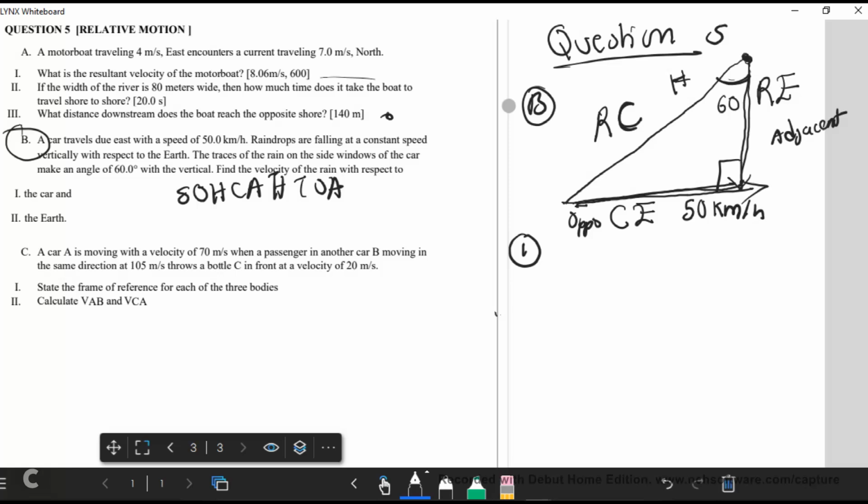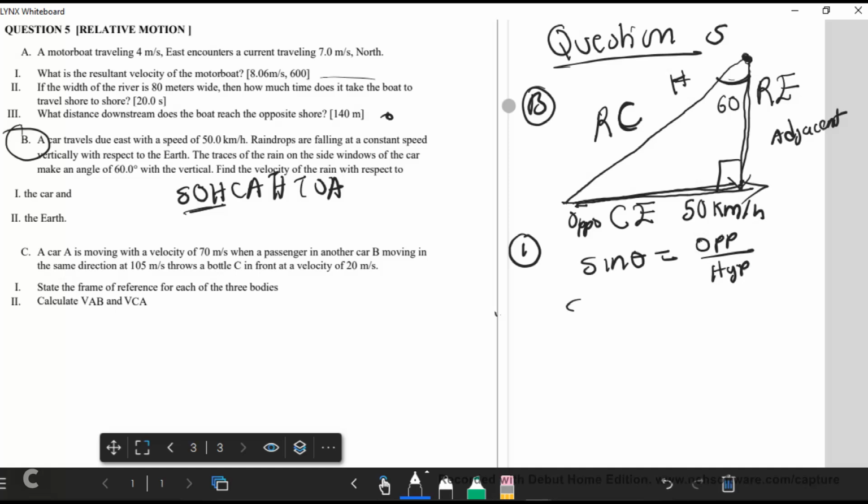So how are you going to calculate that one? Remember, what are we finding? In this situation, we are finding the hypotenuse. We have the opposite, so which one am I supposed to use? I have to use sine. So sine theta is equal to opposite over hypotenuse.